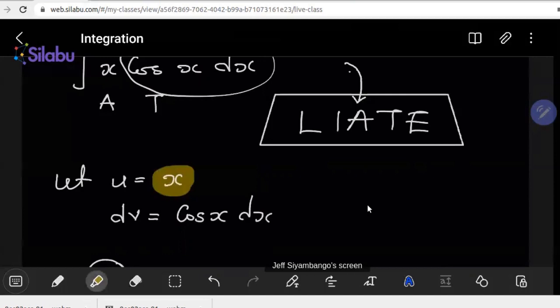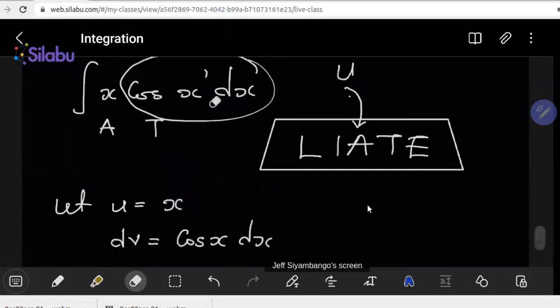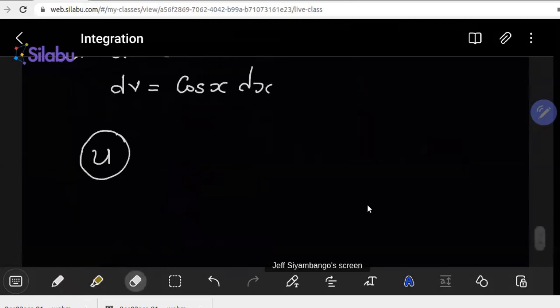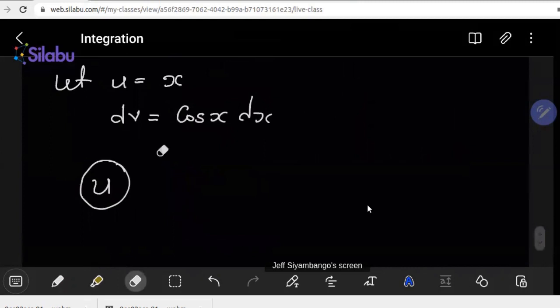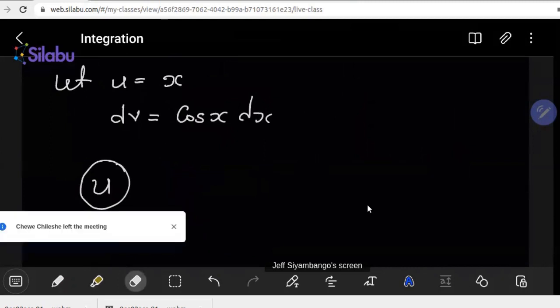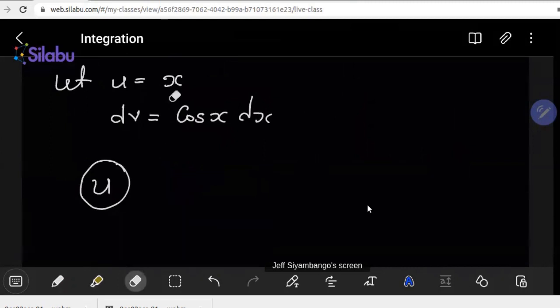Okay, so with that in mind, let's look at the integral that we have indicated there. Once you pick your u and your dv, for each one of these, if you have your u, find its derivative. If you have your dv, find its integral. So from u, we differentiate with respect to x.